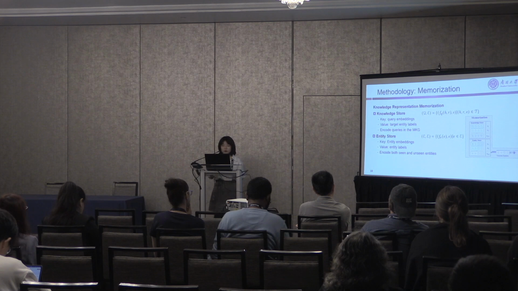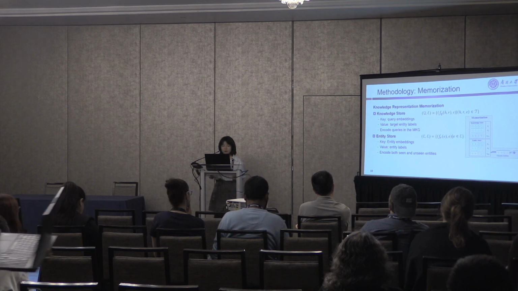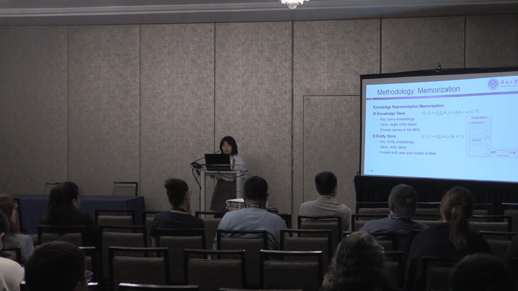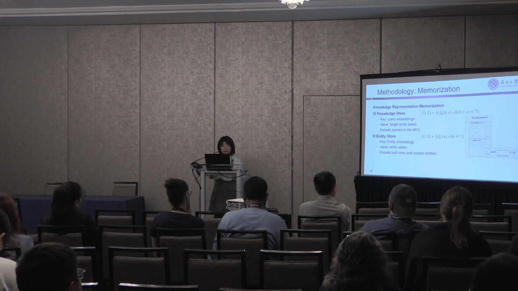And we encode all the queries in the MKGs to accomplish that. For the entity store, we utilize the entity embeddings as keys and their entity labels as values, and both the seen entities and the unseen entities are encoded in the entity store.